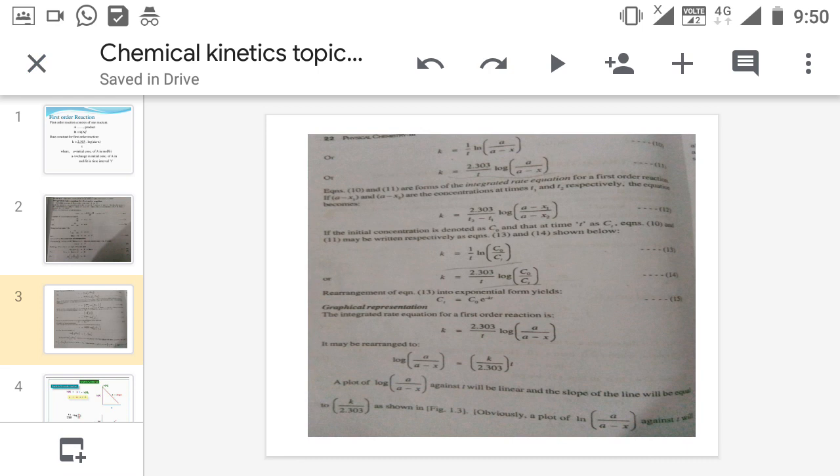If we write it like this, log a by a minus x is equal to k by 2.303 divided by t. Okay.